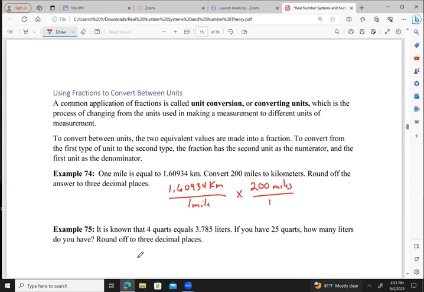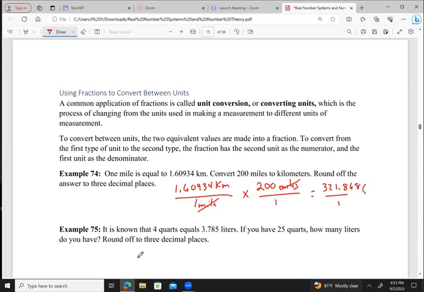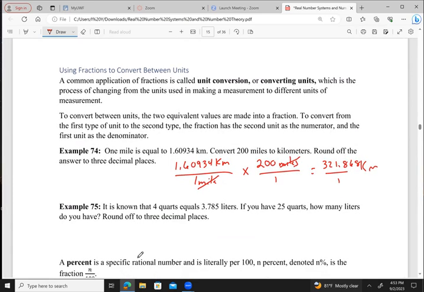I get 1.60934 times 200 equals 321.868 over 1. And since I have mile in the denominator here and mile in the numerator here, that cancels out and I'm left with the unit of kilometers, which was my point.